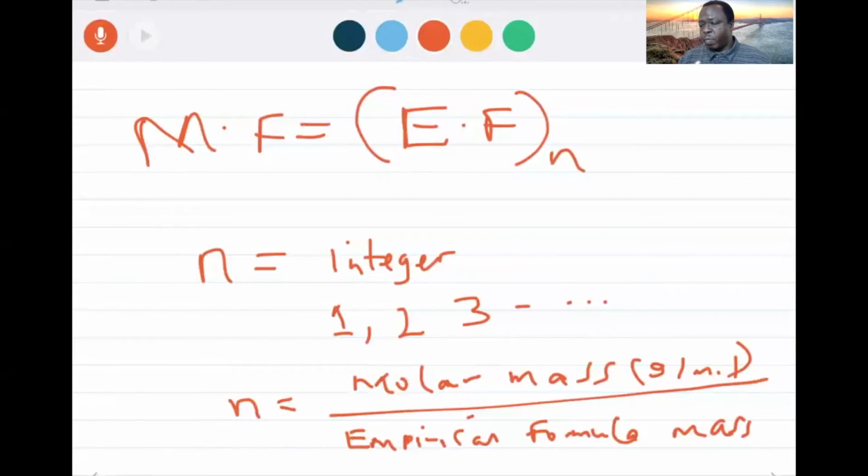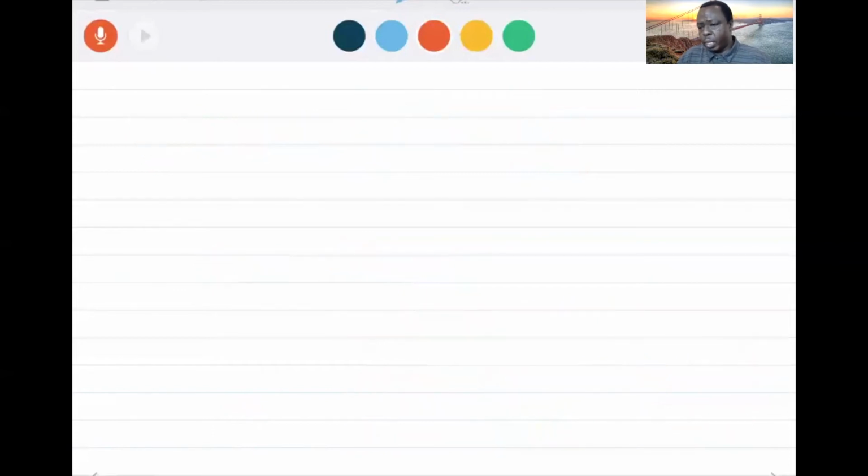Sometimes you may be given masses of atoms in a compound. You may be asked to find the empirical formula from the percent composition of a compound. Well, before I show you an example of how to determine the empirical formula from masses, let's see examples of empirical formula.